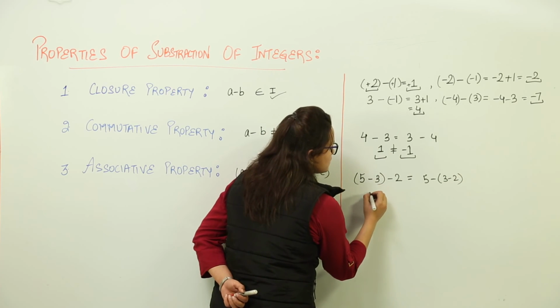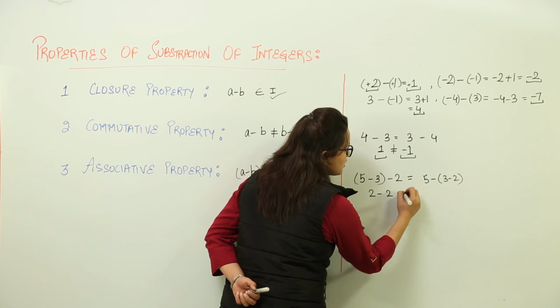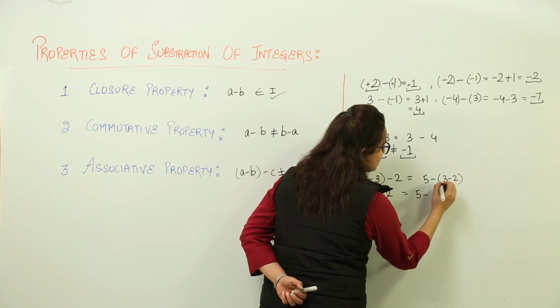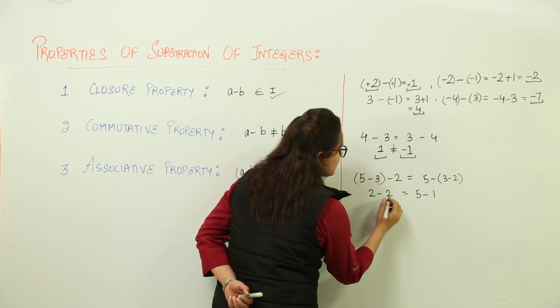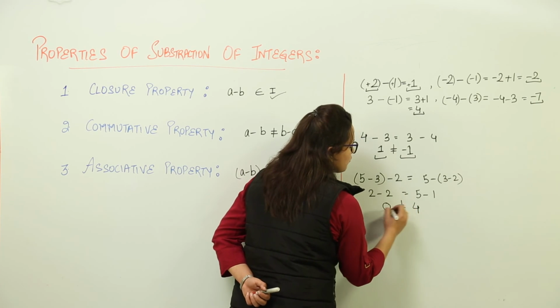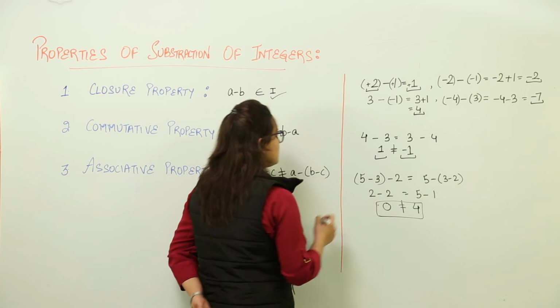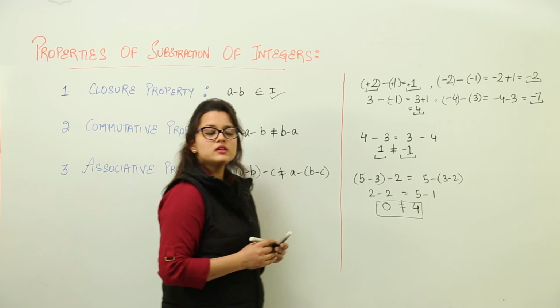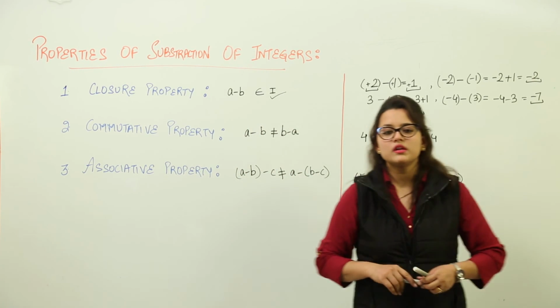Now let us check. What is 5 minus 3? 2. And 2 minus 2 is 0. On the other side we have 3 minus 2, which is 1, and 5 minus 1 is 4. On the left hand side we get 0, whereas on the right hand side we get 4. That means the law that we have studied is clear and very true.